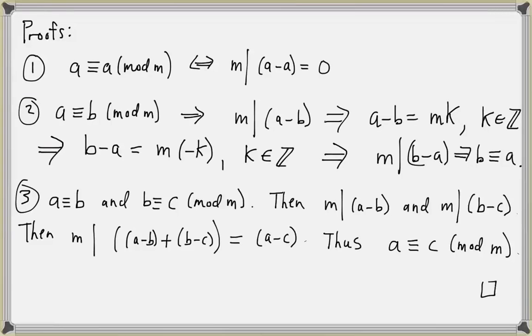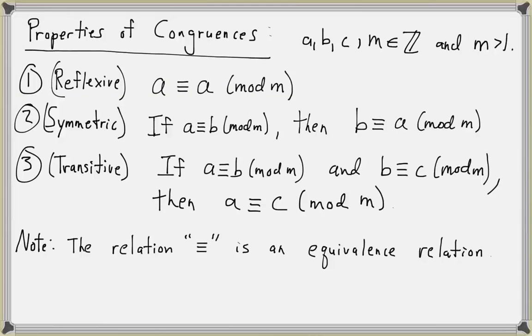So we've just proven that the congruence relation is an equivalence relation. I want to give one more property that can be kind of useful to think of for when is A congruent to 0 mod M. I showed an example earlier that 10 was congruent to 0 mod 5 because 10 was a multiple of 5.